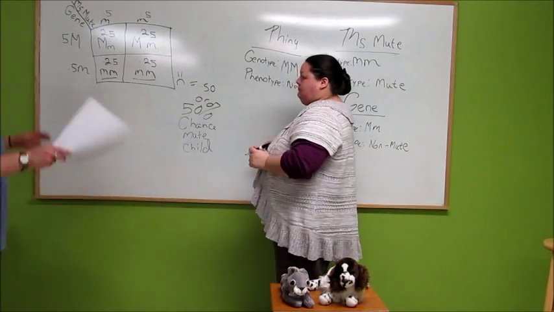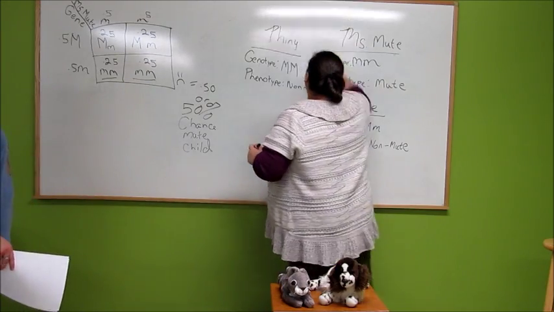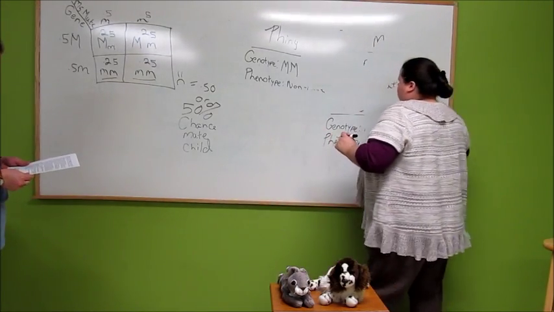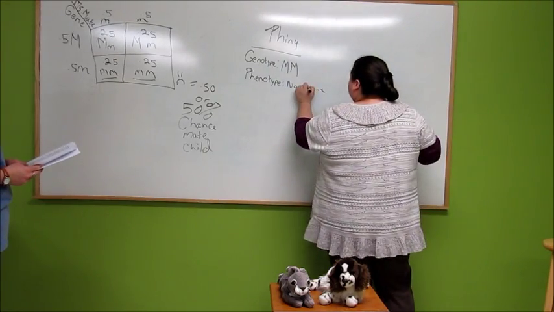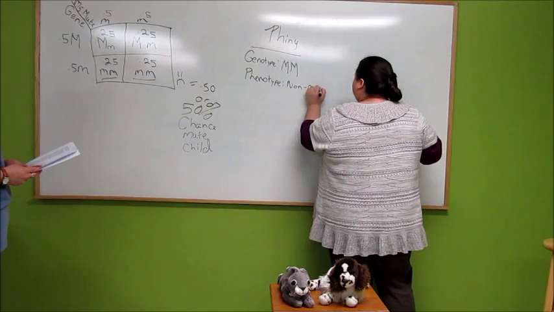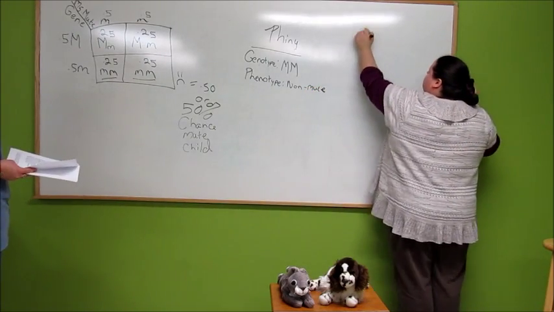Okay, let's go on and do Finny and see what we can get with him. Let's do another Punnett square.